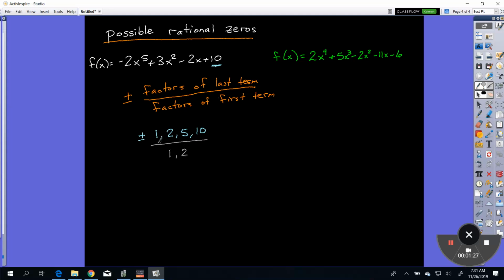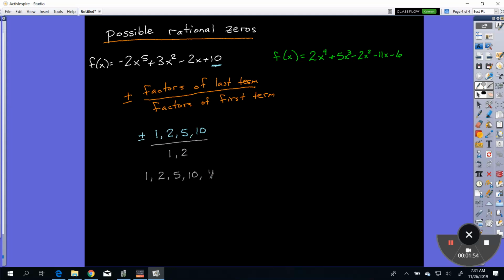So now if I were to write down all of my choices, I would take each of these and do plus or minus with them. So like 1 divided by 1 is 1. 2 divided by 1 is 2. 5 divided by 1. And 10 divided by 1. And then I take each of these same top numbers and divide them by 2.